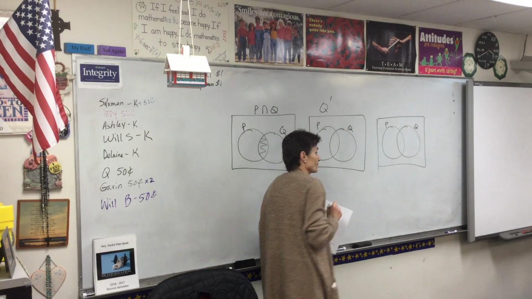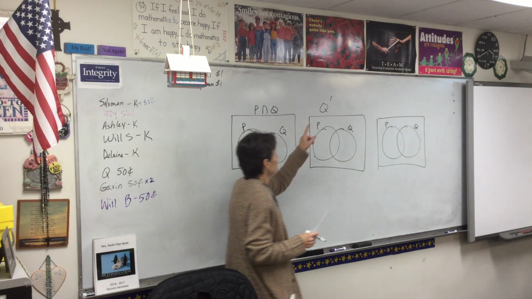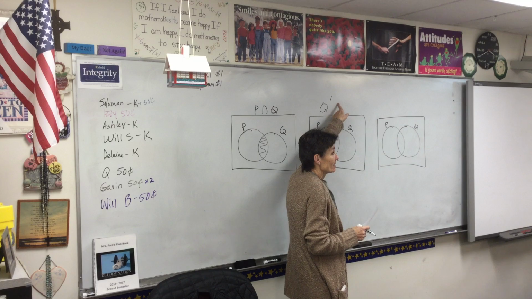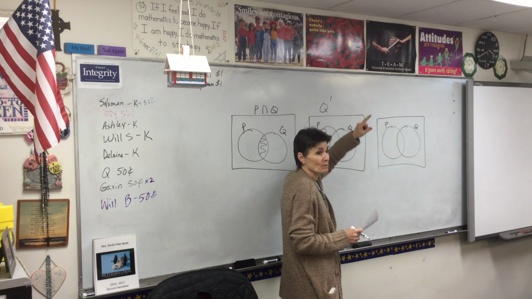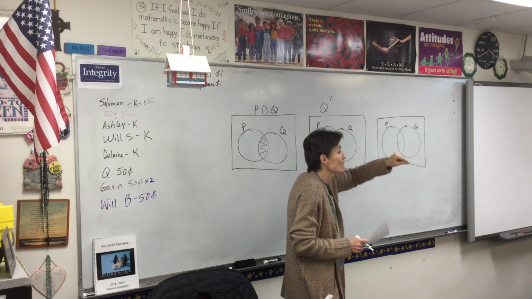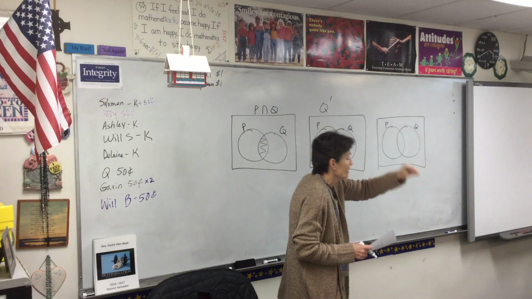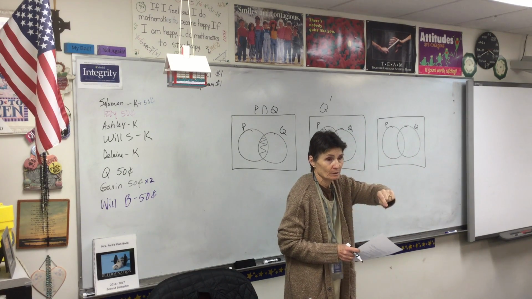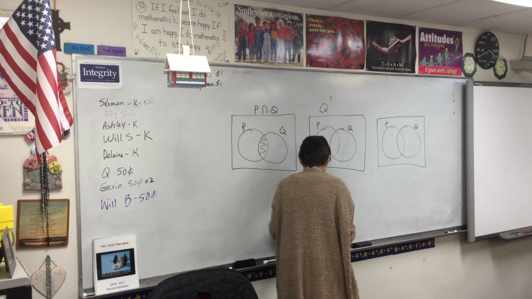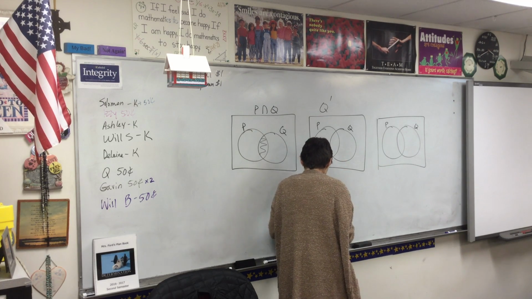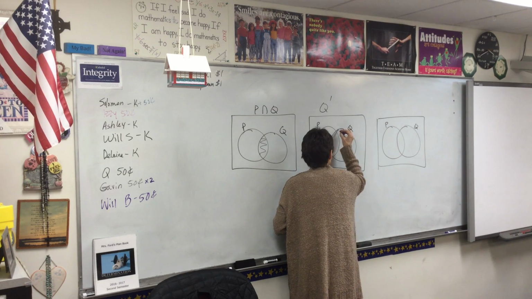Now, what does this mean? Just Q. Not Q. Remember, this little mark means not. So, not Q. So that means you're going to shade everything in the whole picture that is not Q. So that means I'm going to shade everything except this circle right here.